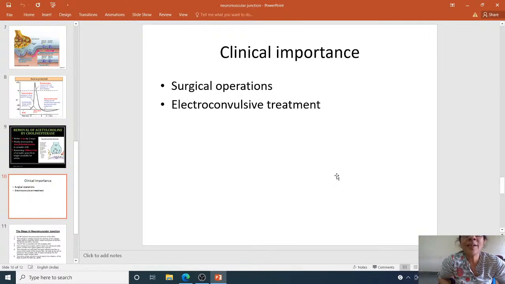If the muscle is contracting, it's very difficult. Also, for psychotic patients, to give ECT, electroconvulsive treatment, the neuromuscular junction should be blocked. Then only the muscles will be relaxed and they can go for this ECT.